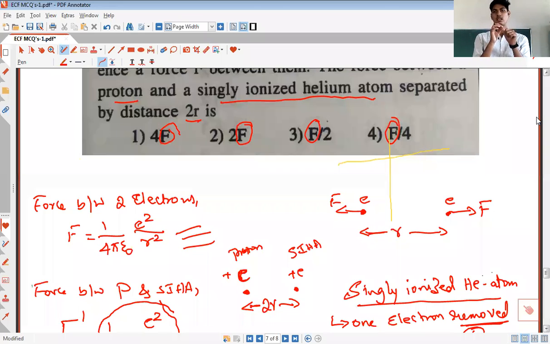The charge on 2 electrons is E and E. The charge on a proton and the charge on a singly ionized helium atom are also E and E. So there is no change in the charge of the particles. But what is changed is the distance.